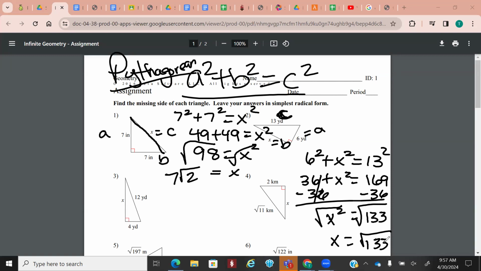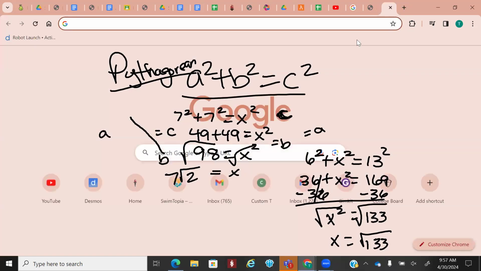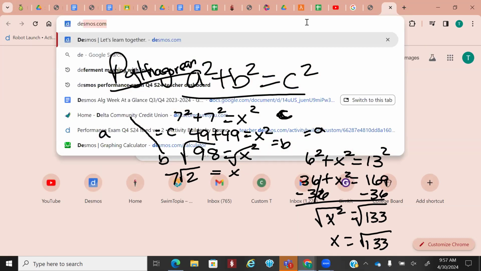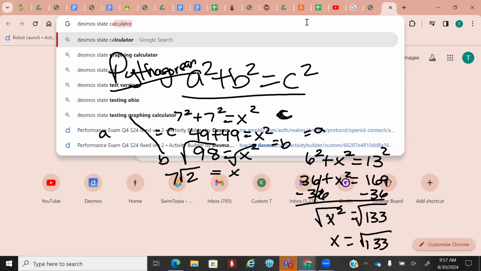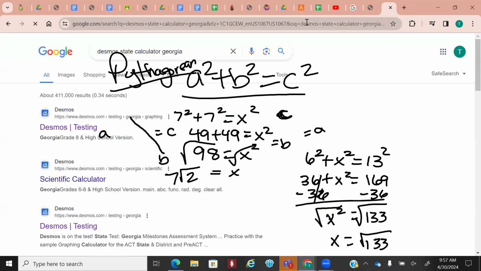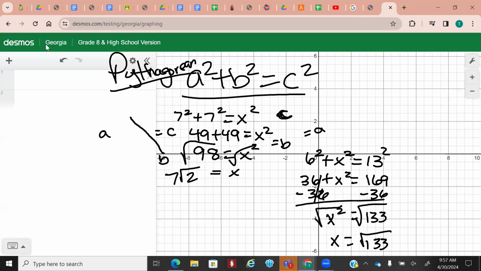Now, I'm going to show you a trick that I just found out the other day. So if you have one of these types of formulas, let's see if I can spell it. Desmos state calculator. There is a difference between your regular Desmos and the testing one. Remember, a lot of it leaves off the stat stuff.